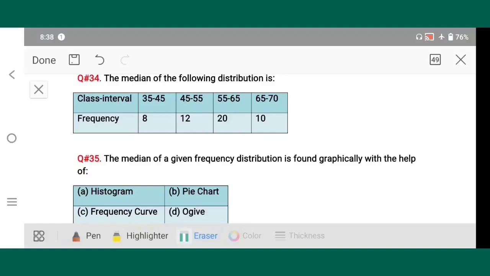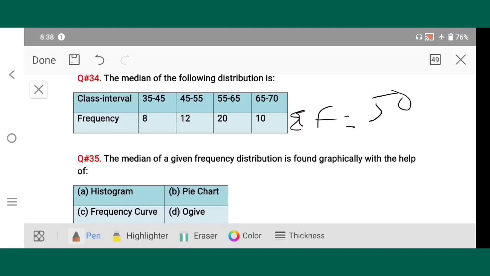Question number 34. The median of the following distribution is, we have given class intervals and the frequency. When we add the frequency column, that is summation f, it gives 10 plus 20 is 30, 30 plus 12 plus 8 gives 50.